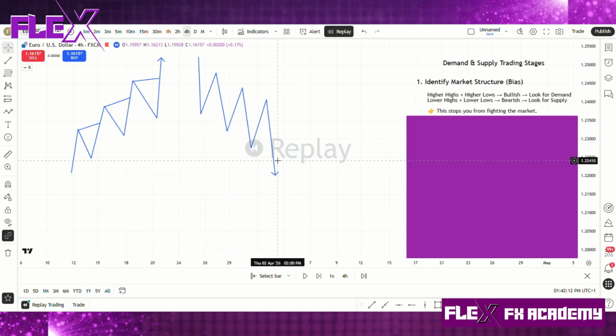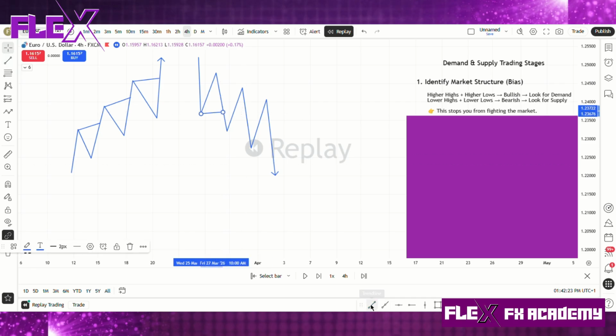Once we see this, it is a typical example of a bearish market. Why? Because the market is breaking structures as it goes down, took out the structure here, and then also took out the structure here.